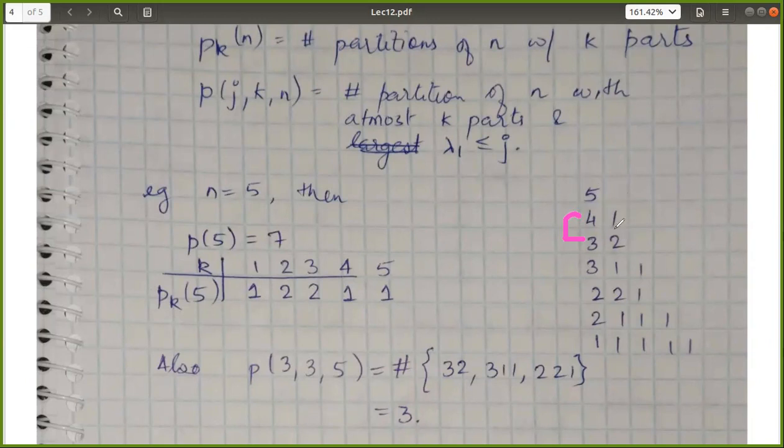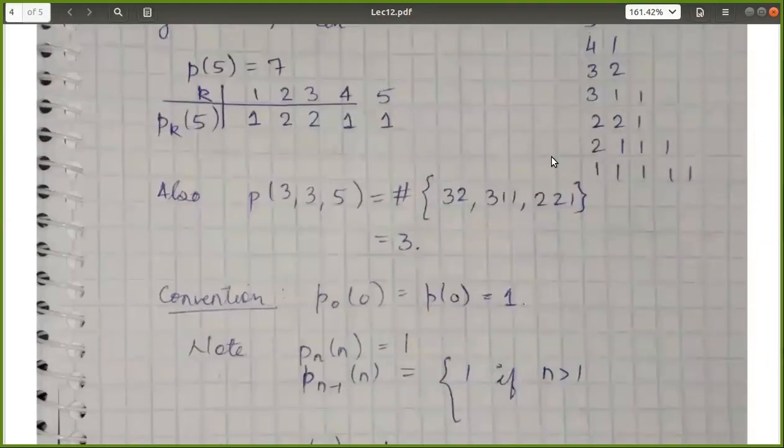And as soon as the choices for these elements are fixed, choices for these elements are automatically fixed. So you have counted the number of partitions of n with exactly 2 parts, correct? And that is equal to floor of n by 2.